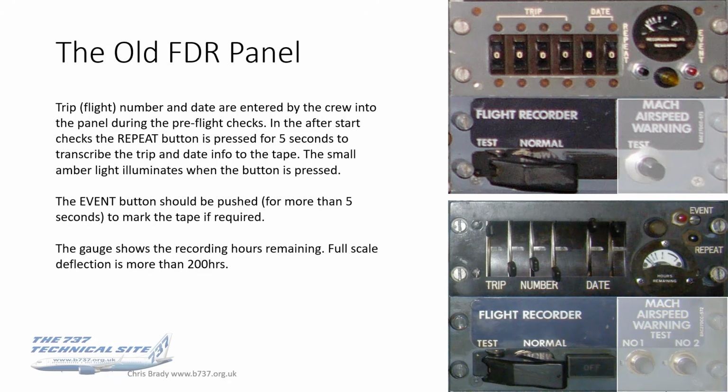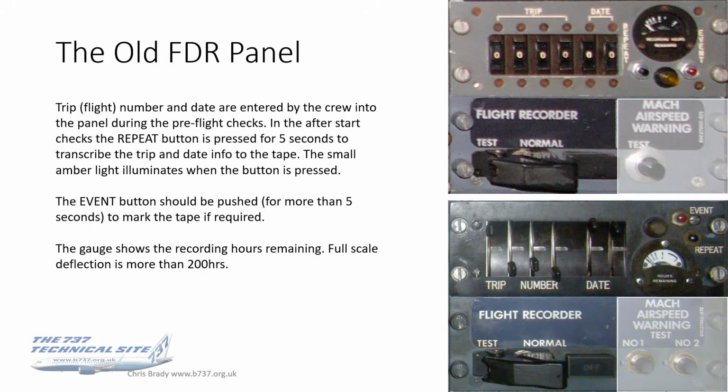The old panels looked like this, and by this I mean that these are panels from the 737-200, and I think the bottom one was actually from an early classic I flew. But what you do is you put the flight number and the date into the panel manually during your pre-flight checks.